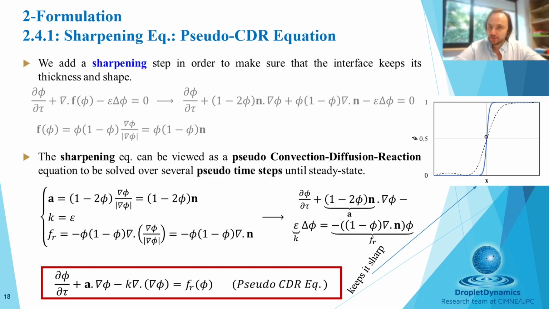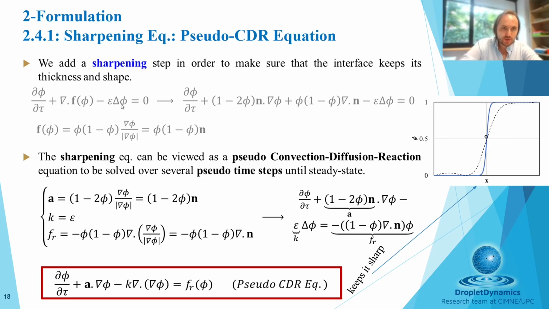In order to tackle this issue, the authors I mentioned have proposed to solve a special evolution equation, which is shown over here, that actually has the effect of sharpening. So if your smooth Heaviside function or your interface stretches somewhere, solving this equation will compress it back. If somewhere it is compressed too much, it will stretch it back. So we call this a sharpening equation.